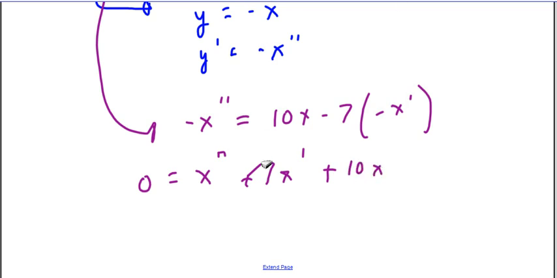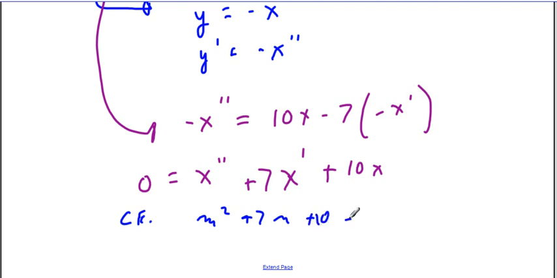And right now it doesn't look too much like that, but if I had a smaller eraser, maybe I could do better. x double prime plus 7x prime plus 10x, which has a characteristic equation m squared plus 7m plus 10 is 0.